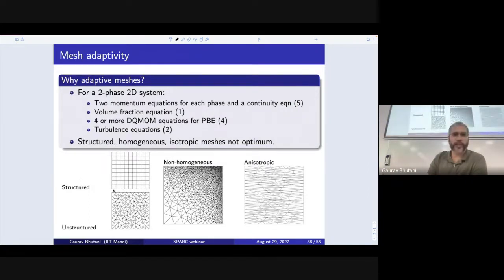Now mesh adaptivity is another feature of Fluidity, which is very useful, and we'll be using it tomorrow. I'll quickly browse through it. The whole idea is that the solution by its nature can be changing in different ways at different points in space. It could be the case that at one point in space, the solution is not changing at all. At another point in space, it's changing drastically with time.